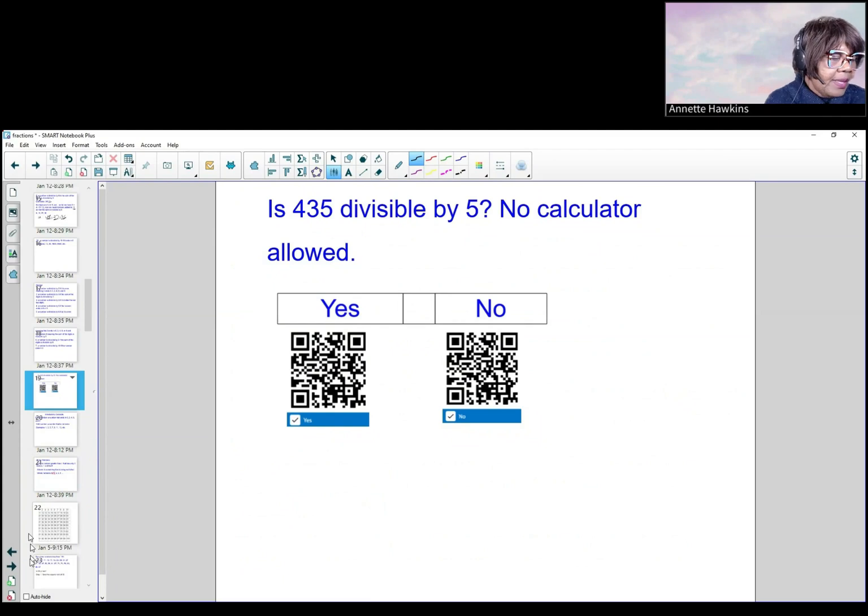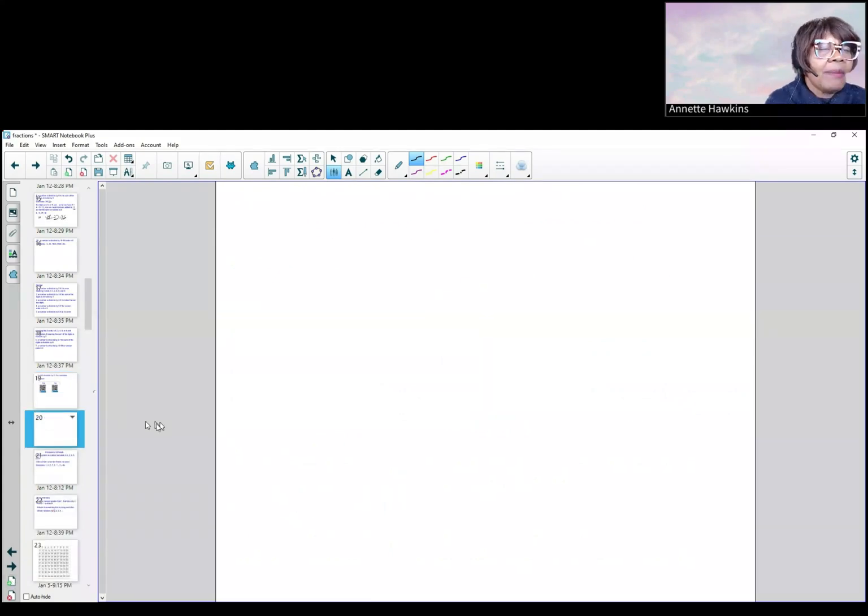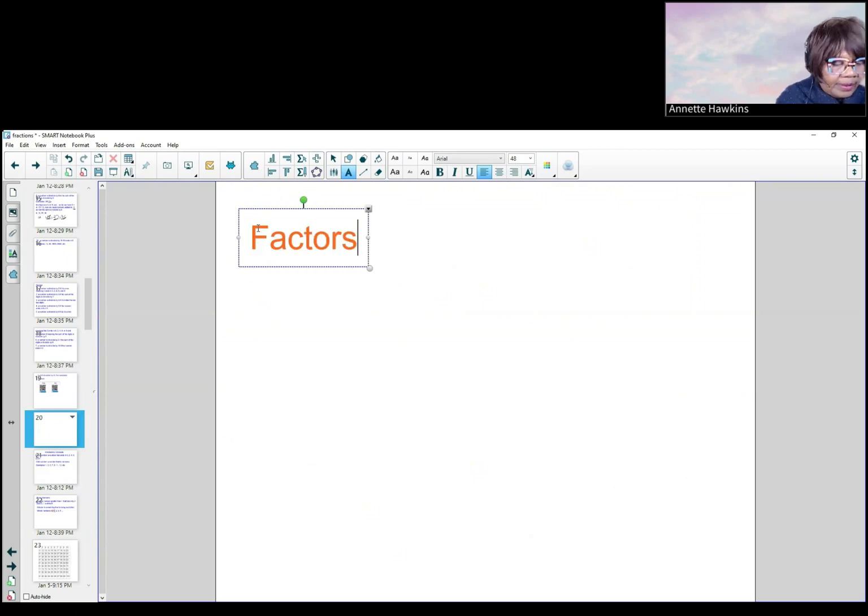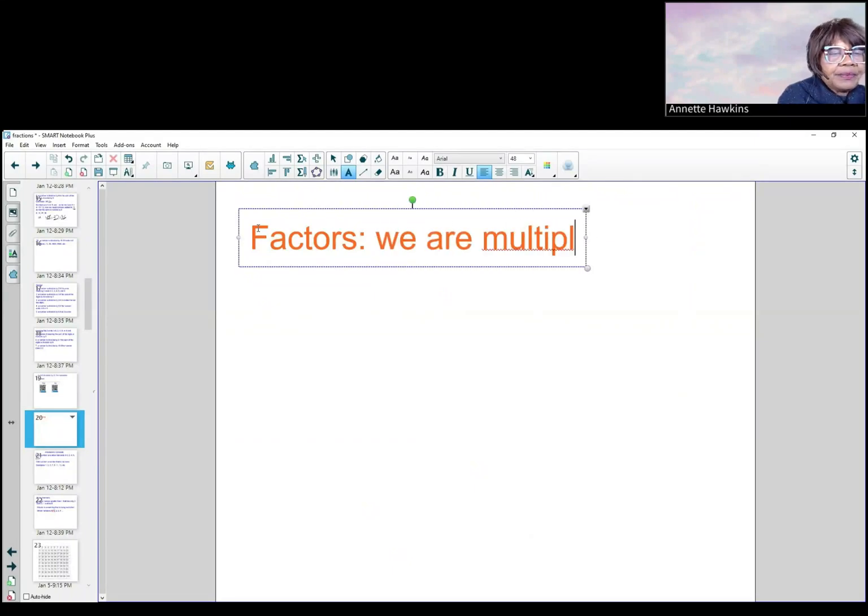All right. So let's talk about factors. When we talk about factors, we are multiplying.